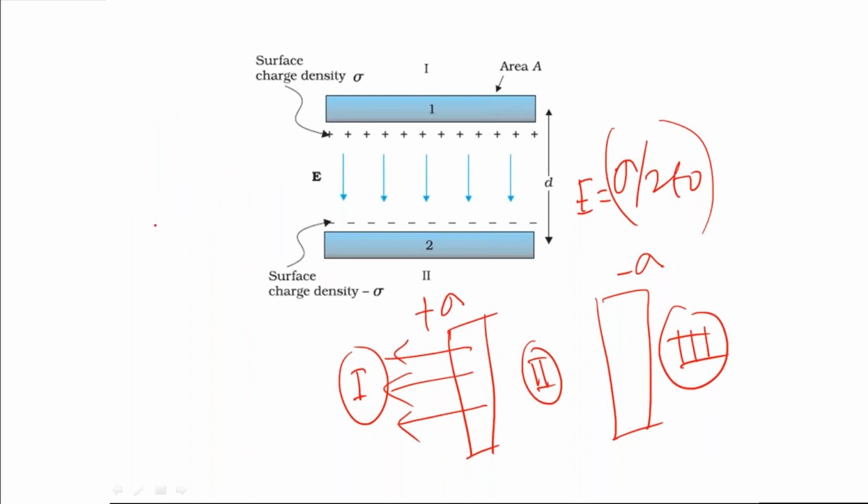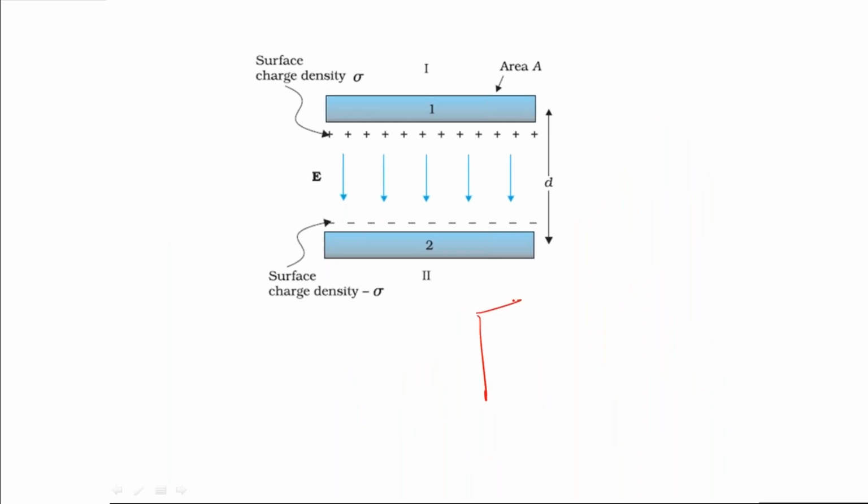I'll tell you one more thing: if I have a plane sheet having negative charge density and positive charge density, how will the electric field lines be drawn for that? Suppose this is a positive charge density, this is region 2, and this is region 1. The electric field lines will be going outwards from the plate this way.